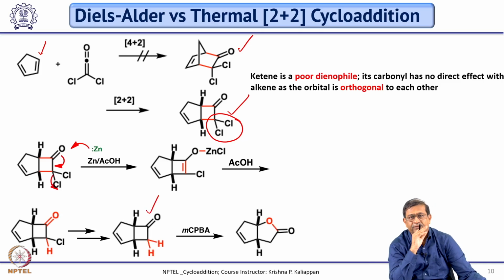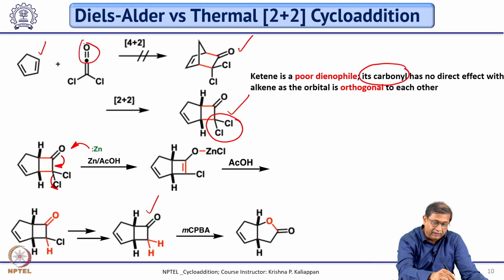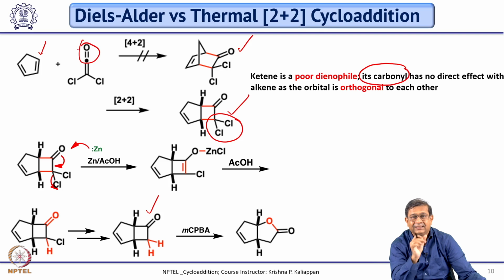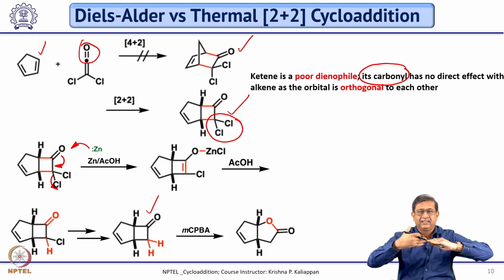Many times people misunderstand that there is a carbonyl group attached in the ketene. There is a carbonyl group that is part of the ketene, but that has no direct effect with the alkene. It cannot act as an electron withdrawing group, because this is orthogonal: this is the double bond and this carbonyl is like this.